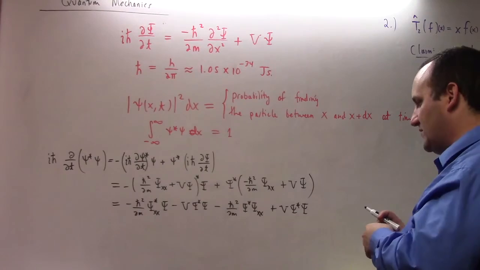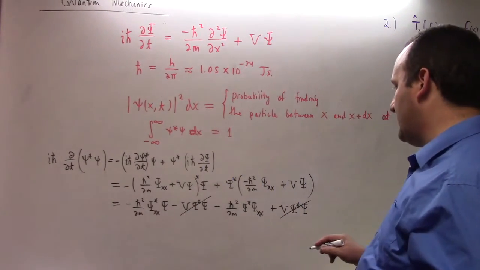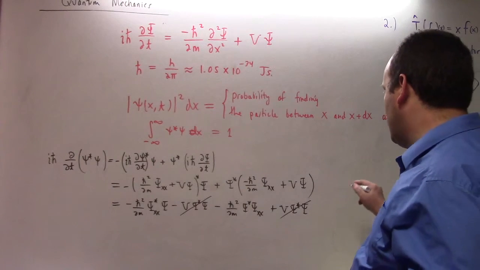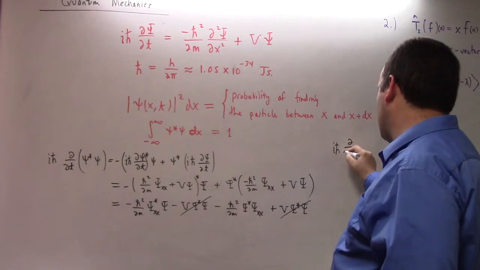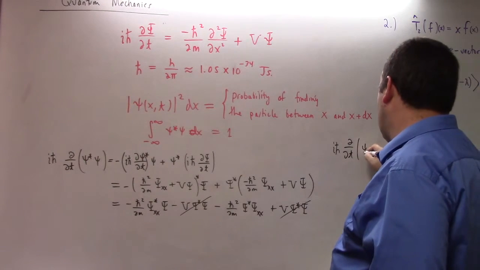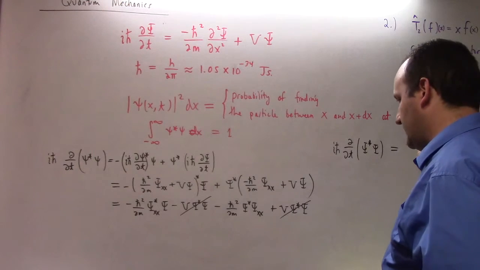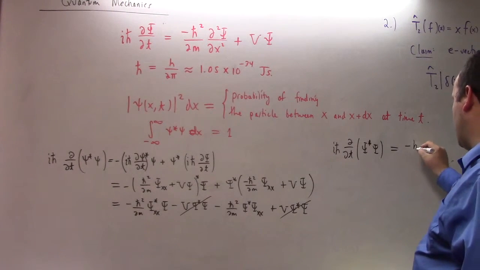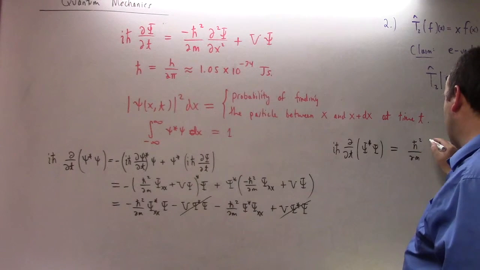All right, so some of these terms obviously cancel, right? But we are left with something. What's this equal to? So we got i h bar partial t of psi star psi equals minus h bar squared over 2m, or just say h bar squared over 2m.